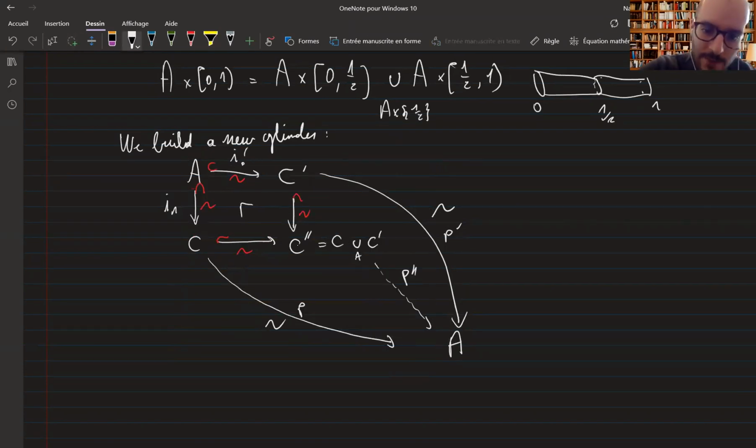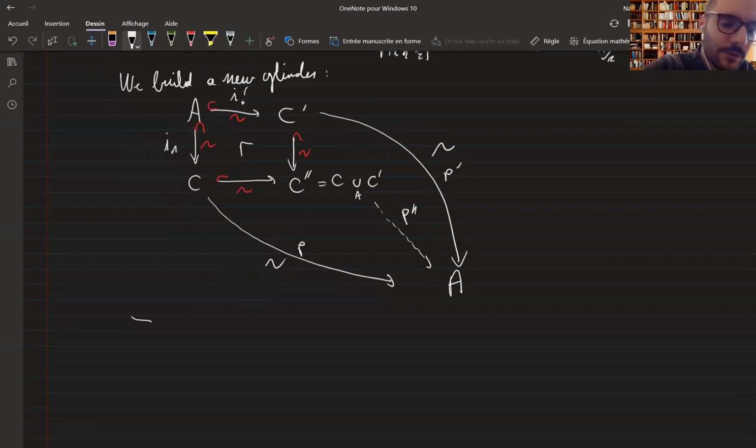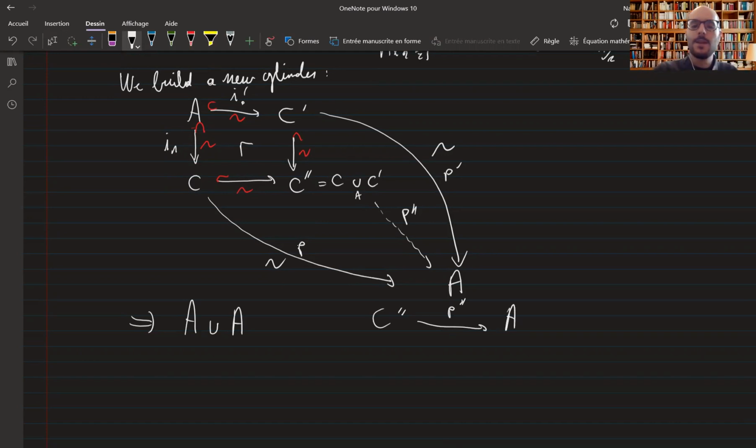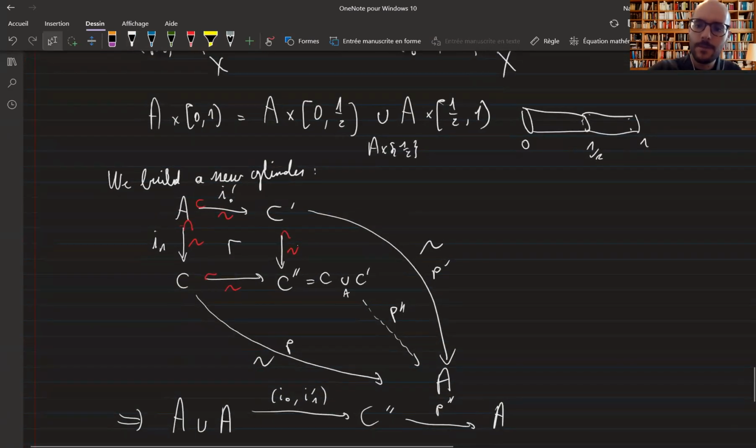Here you get a P secant. And so we get at the end a cylinder like this, where to go from A coproduct A into C secant, you use essentially I0 and I1 prime. All right. So you use this part, and you glue along this part.